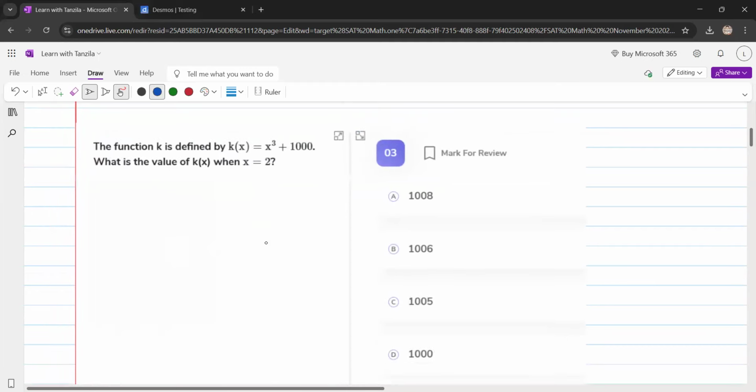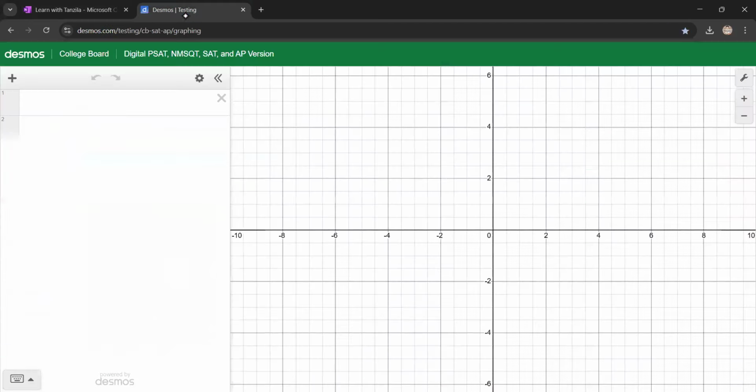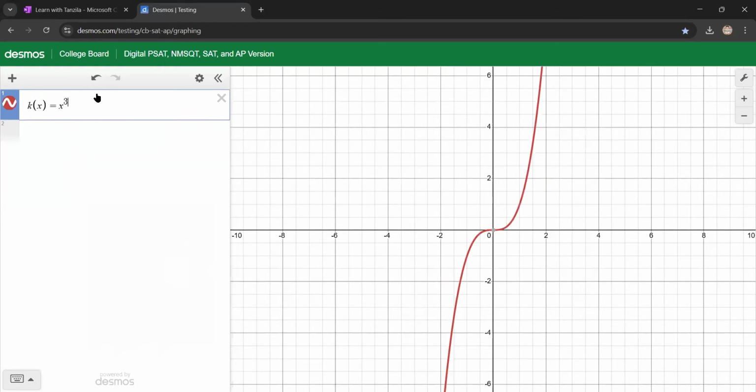Question 3 says that the function k is defined by all this. And what is the value of k when x equals 2? So this is a Desmos question. We will define k of x equals x cubed plus 1000.